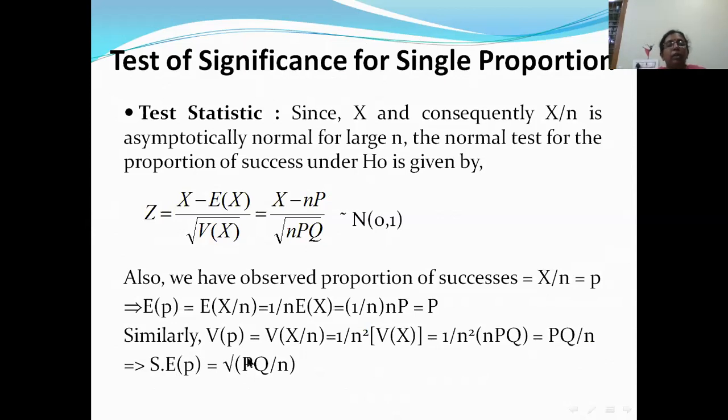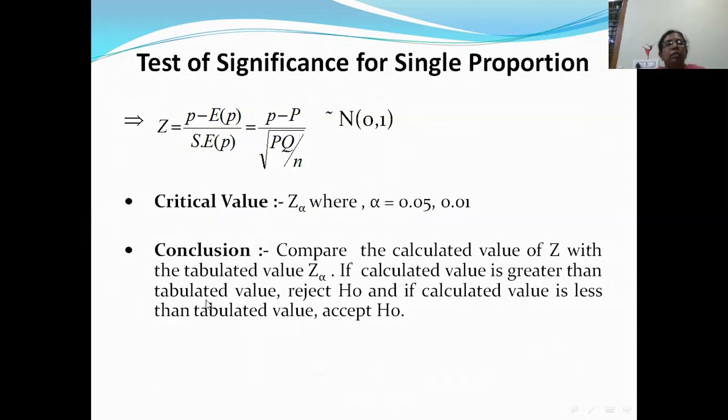Now we can define the test statistic because you know expected of p and standard error of p. So z is equal to p minus expected of p by standard error of p. This is equal to small p minus capital P, by root of pq by n. This also follows the standard normal distribution with mean 0 and variance 1.